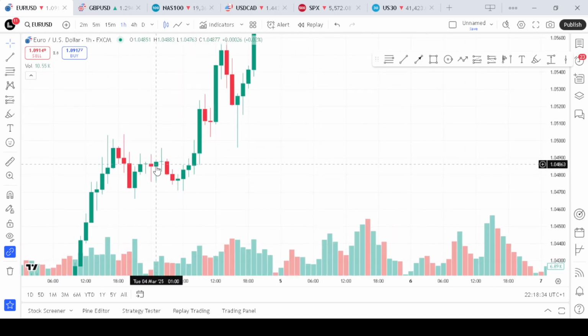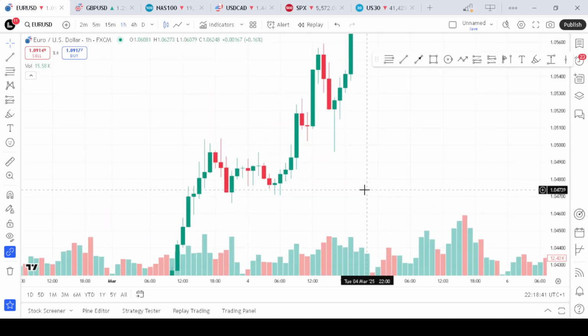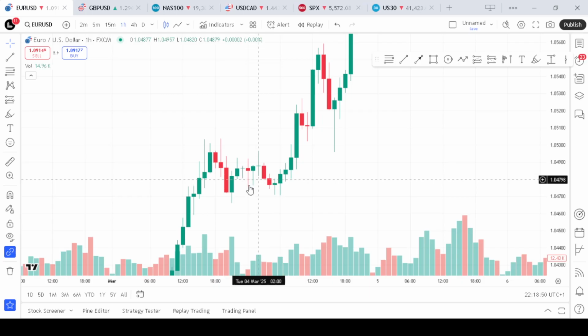As you can see, there are hammers and dojis at this area. These are the reversal patterns some traders are looking for, which indicates that the selling pressure is waning and buyers are regaining control.